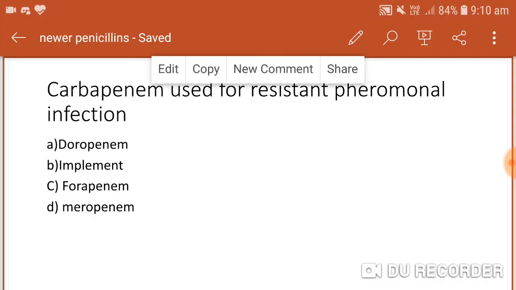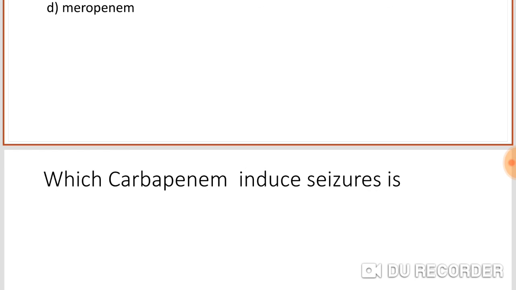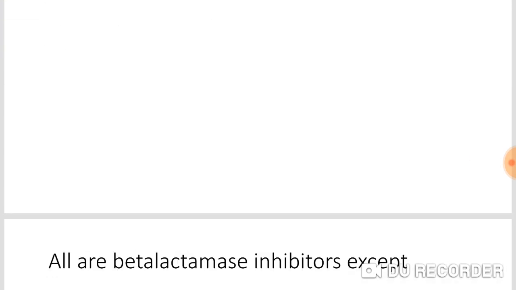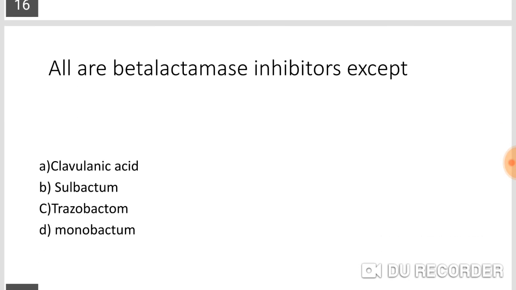Then the carbapenem used for the treatment of resistant pseudomonal infection, which one? For resistant pseudomonal infection, you should give the answer yourself, because I told it in my lecture. Which carbapenem induces seizure? You can give the answer to this yourself as well. And all are beta-lactamase inhibitors except which one?